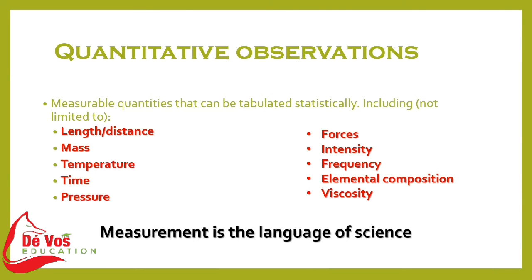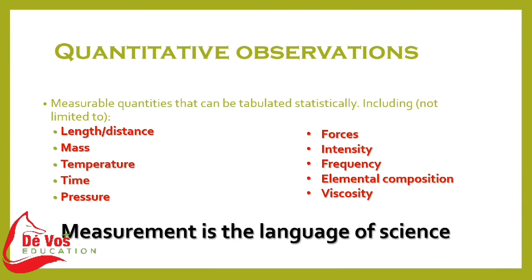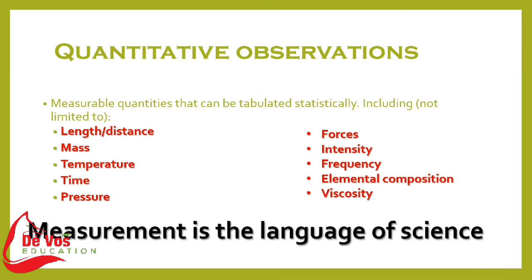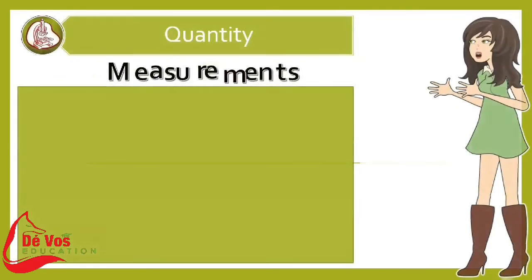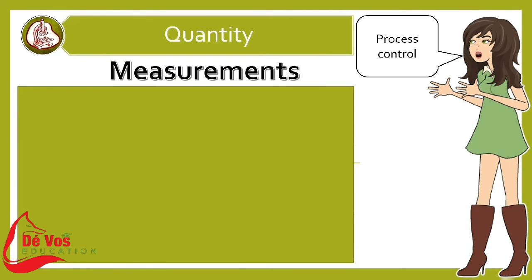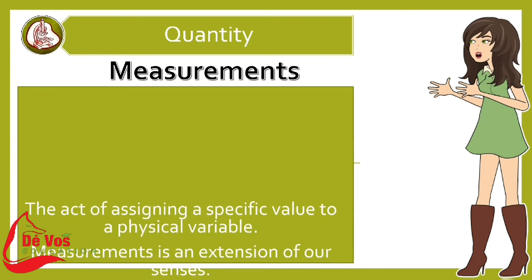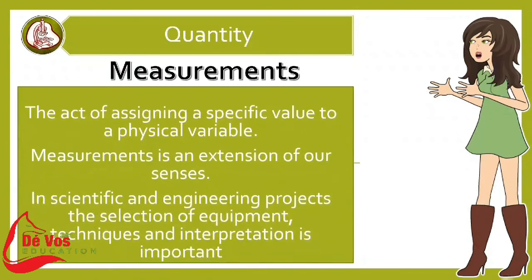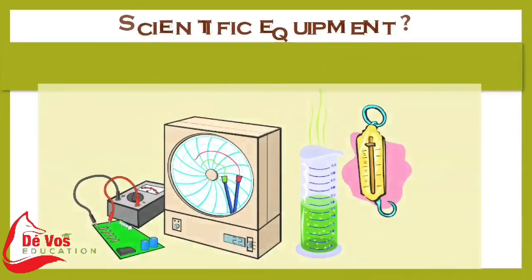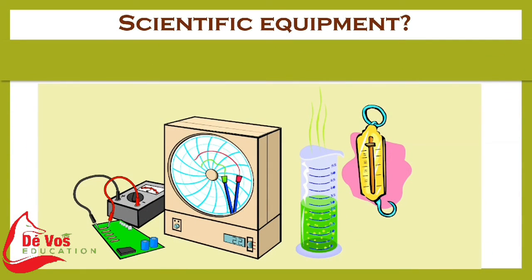Quantitative observation is an objective method of data analysis that measures research variables using numerical and statistical parameters. Measurement is the act of assigning a specific value to a physical variable. Measurement is an extension of our senses. In scientific and engineering projects, the selection of equipment, techniques, and interpretation is extremely important.